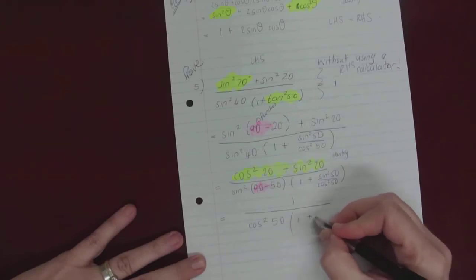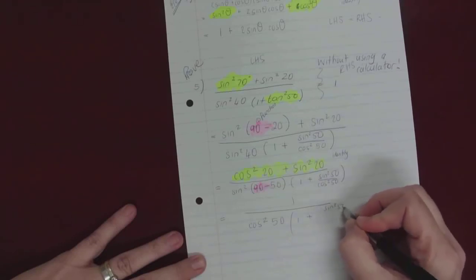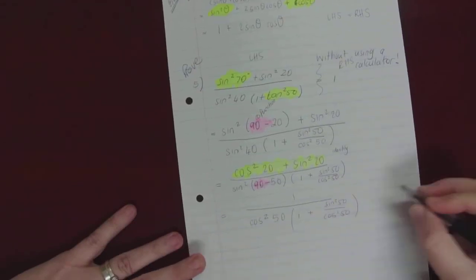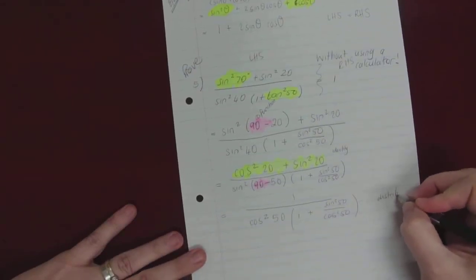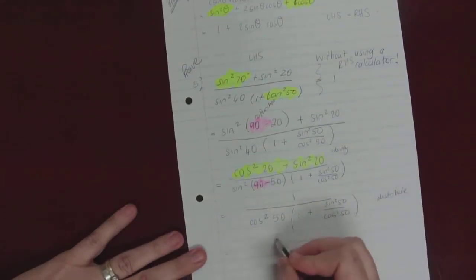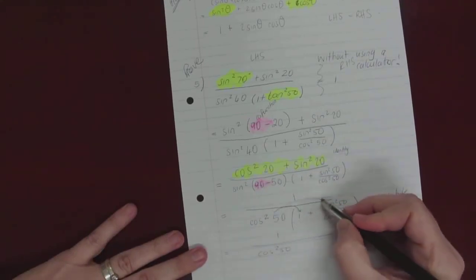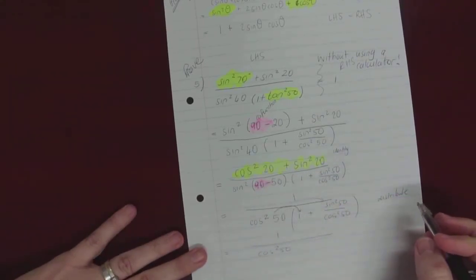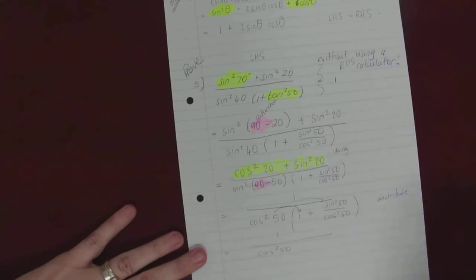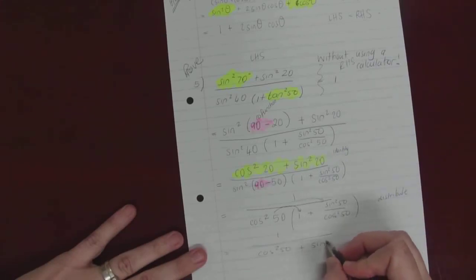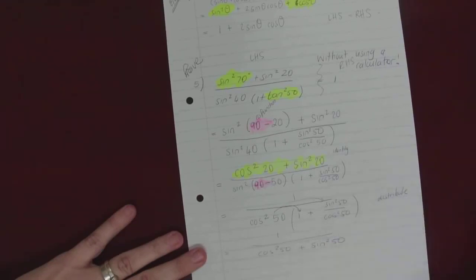And now cos of 50 can distribute into my bracket. So I'm going to distribute there. So I'm going to have 1 over cos squared 50, okay, and when I multiply in with sine squared 50 and cos squared 50, I end up with only sine squared 50.